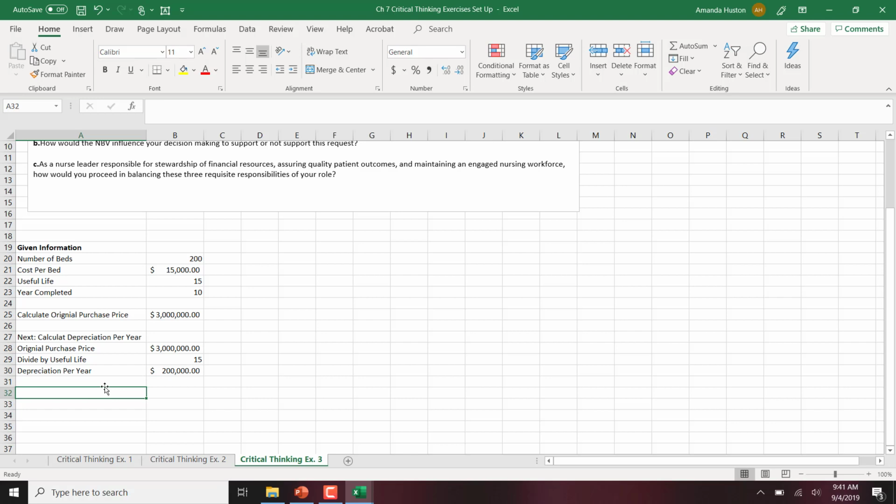So now to calculate net book value, or NBV, we take original purchase price, actually we would take depreciation per year, which is 200,000, times number of years completed.